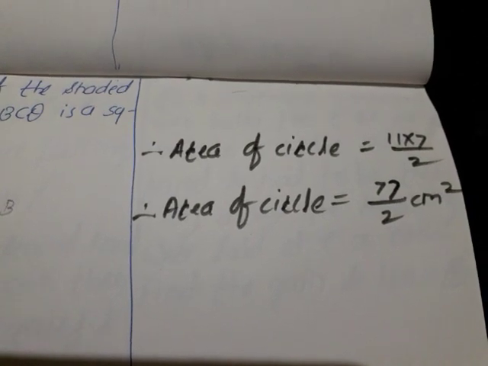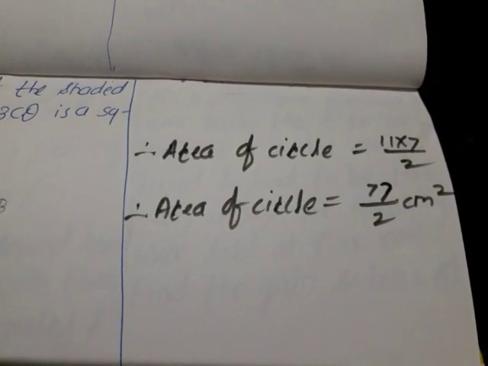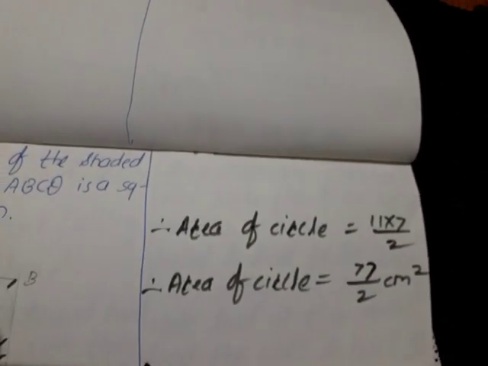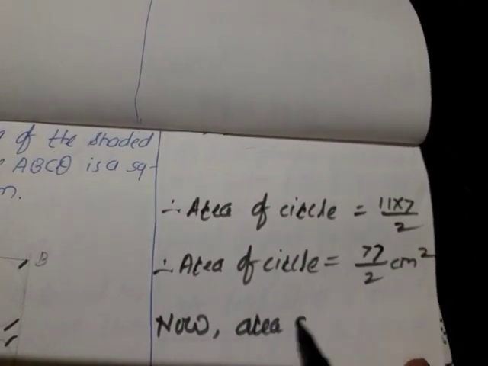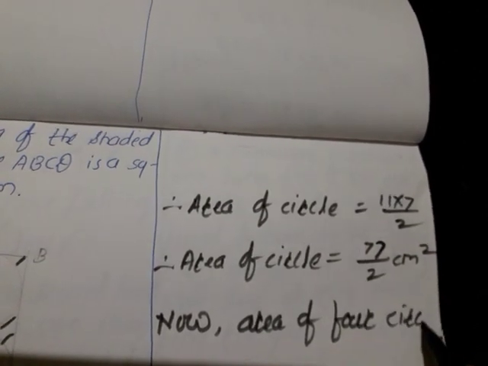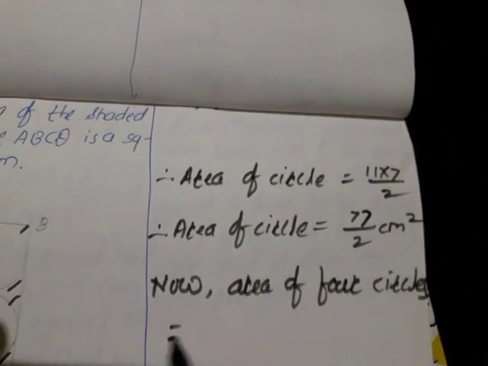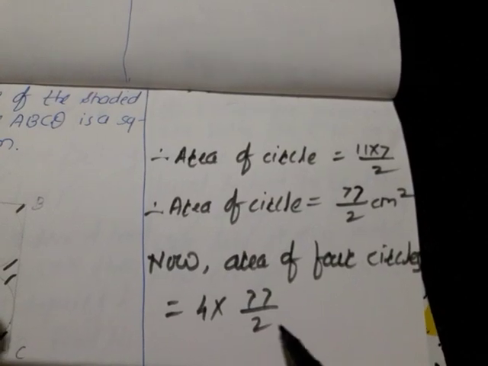Okay, now what we will do? We will find out the area of those 4 circles, and for finding the area of 4 circles, what we have to do? We have to multiply this area of circle by 4. Now area of 4 circles is equal to 4 into 77 divided by 2.